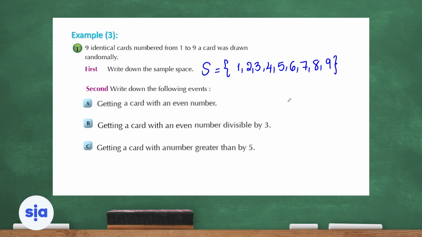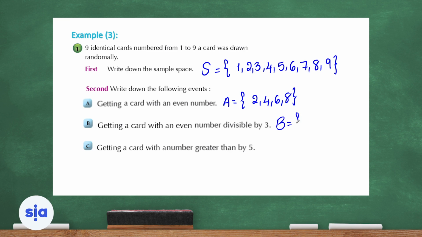Write down the following events. A is getting a card of even numbers. So A is 2, 4, 6, and 8. B, getting a card with an even number divisible by 3.